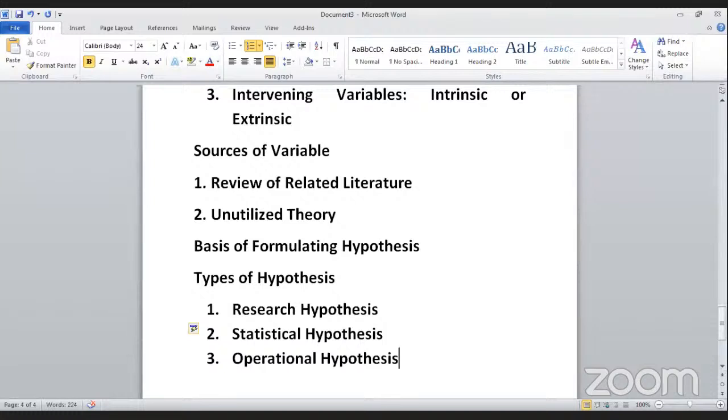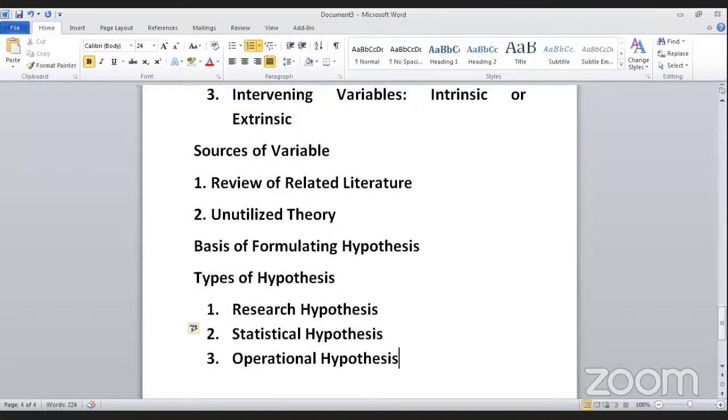And dear friends, it is always the statistical hypothesis that can be tested with the help of the statistical technique. The statistical technique cannot directly test the research hypothesis.